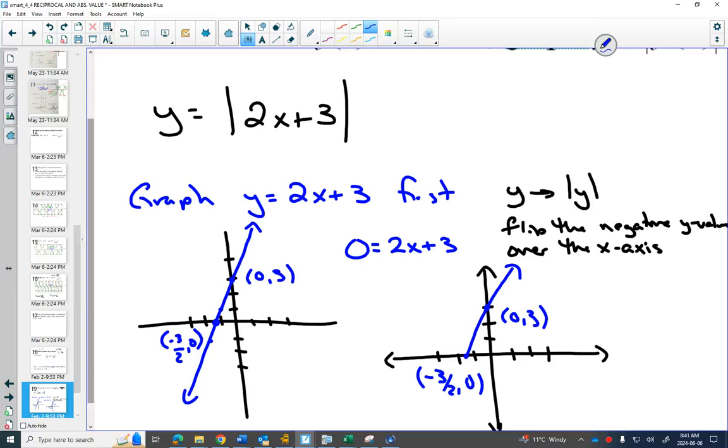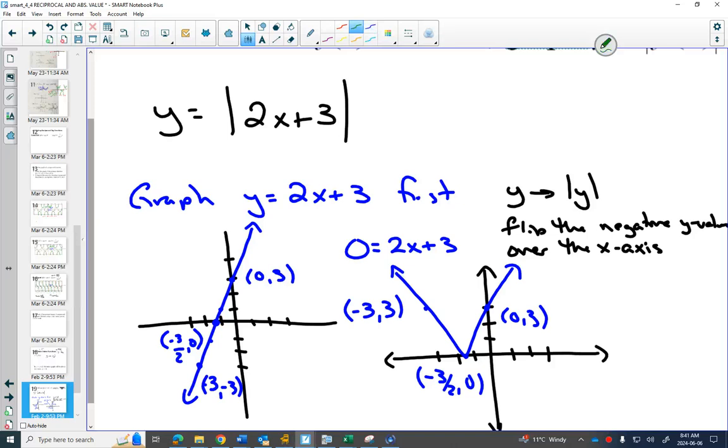However, the other part, for example, you could plug in a point. If I plug in negative 3 for x, I'm going to get negative 3, negative 3. But on my graph, it's going to flip that over the x-axis, and it's going to become negative 3, positive 3.